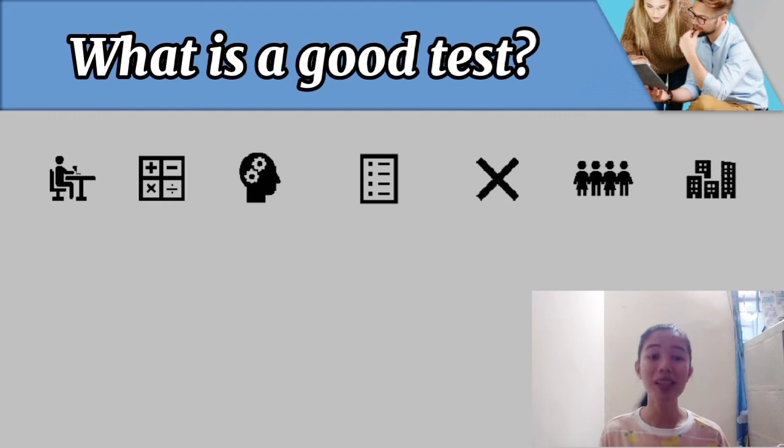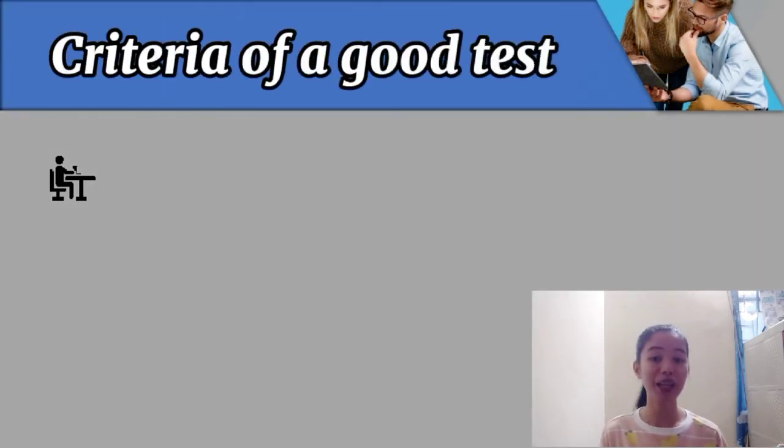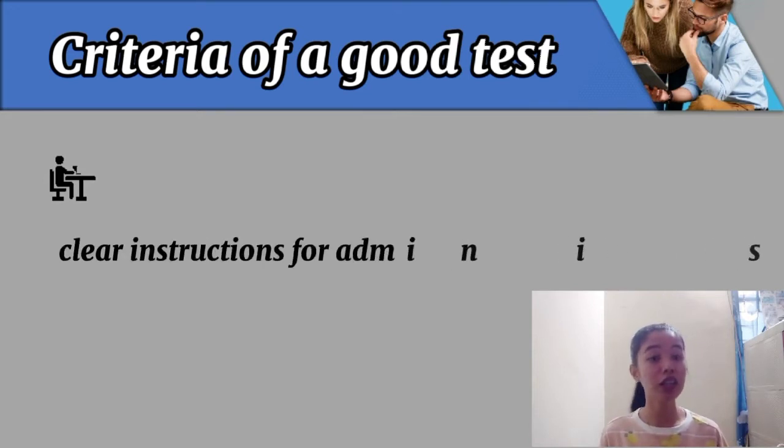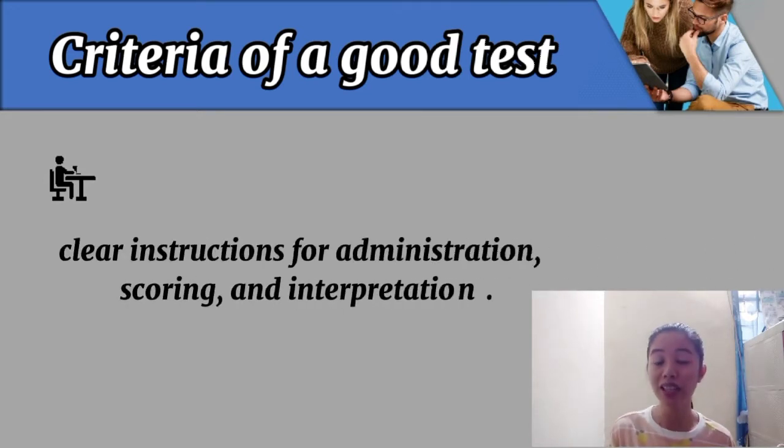Now, the question is, what is a good test? Here, I have 3 criteria of a good test. The first one is clear instructions for administration, scoring, and interpretation. According to Roberts and Davis in 2015, a big error that can occur with administration of psychological tests is not giving the instructions to the test subjects verbatim.